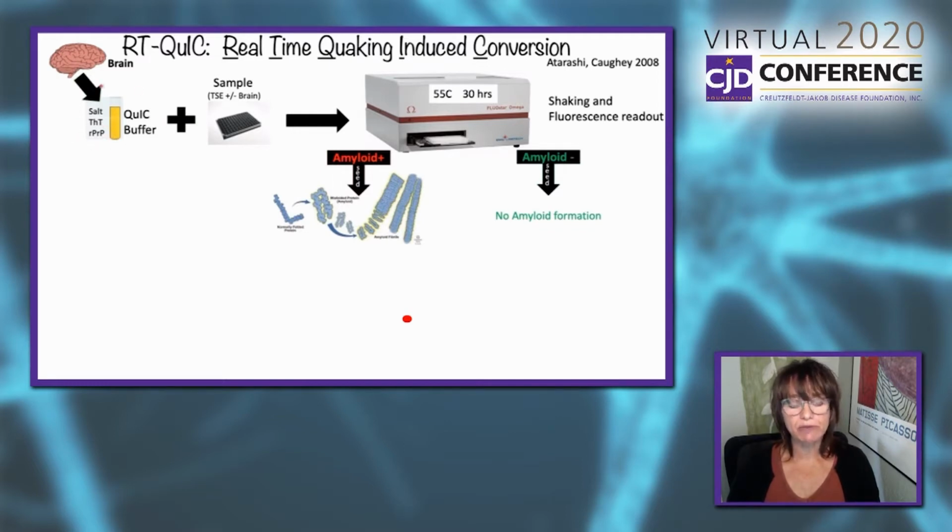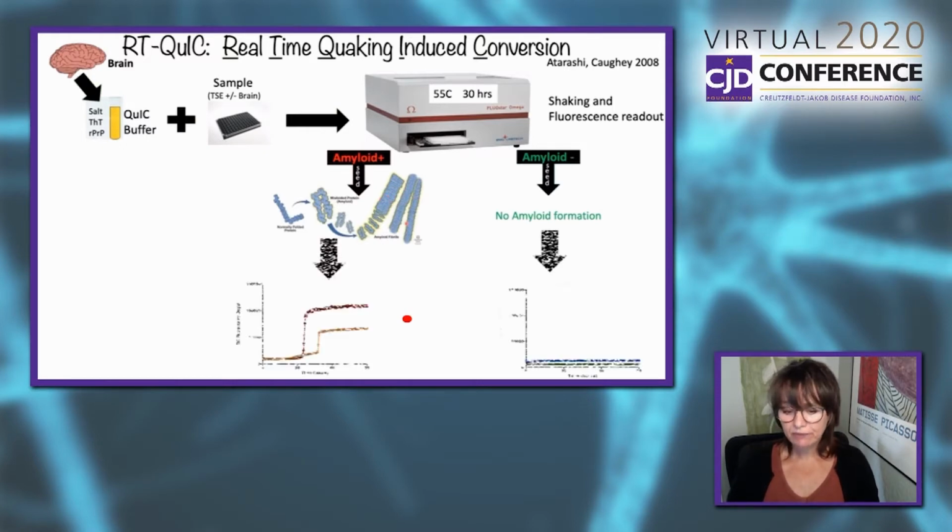That all goes into this buffer, into a 96-well format, and then into this fluorimeter that allows us to amplify through shaking and then fluorescent reading, to determine whether in that original tissue there's amyloid that binds to the fluorescent dye and creates these fibrils that we can see upon fluorescence within the machine.